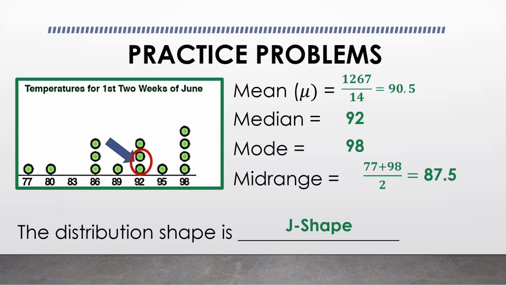Our lowest data value is 77, and the highest is 98. Add them up, divide by 2, our midrange is 87.5. And the distribution shape, this is real data, it isn't always picture perfect, but that would be J-shape. The most frequent is farthest to the right, and it decreases as we go to the left.